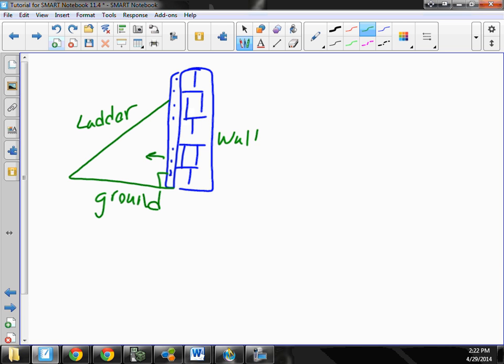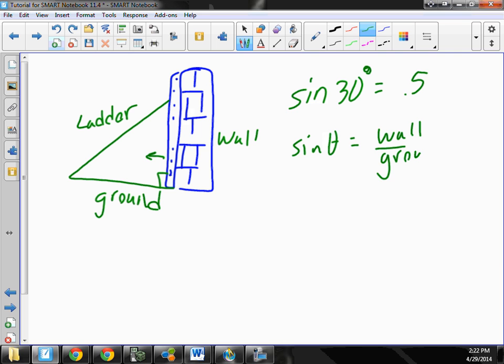For instance, the sine of 30 degrees is 0.5. The sine of theta in this story is wall over ladder. So this 0.5 is a percentage. It means when theta is 30 degrees, the wall is half of the ladder. So if I had a particular triangle and this was 8 with a 30-degree angle, how tall is the wall?